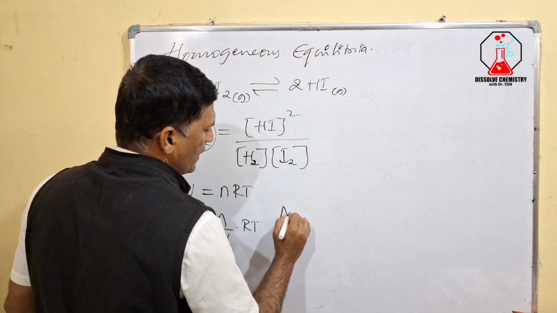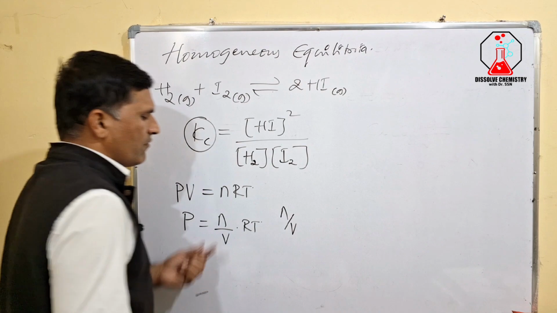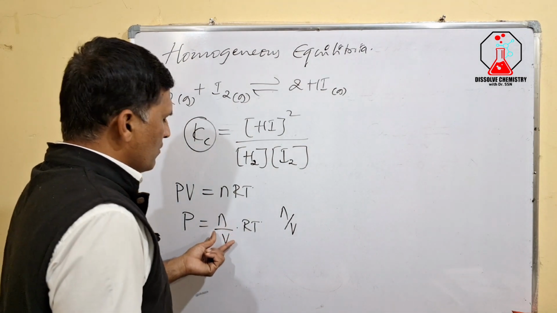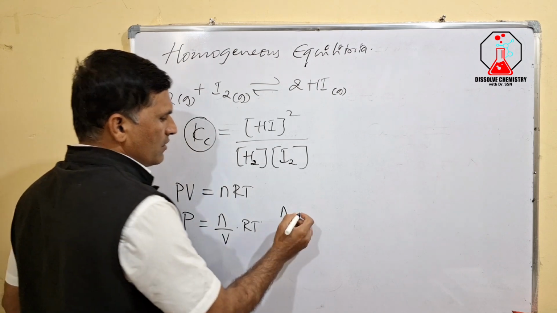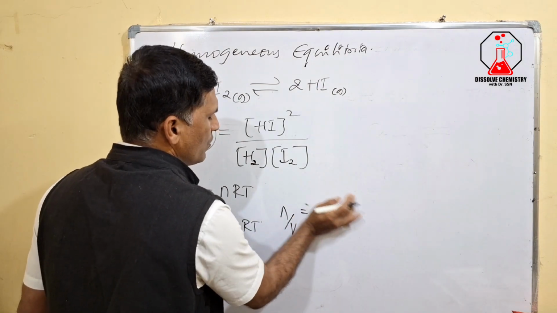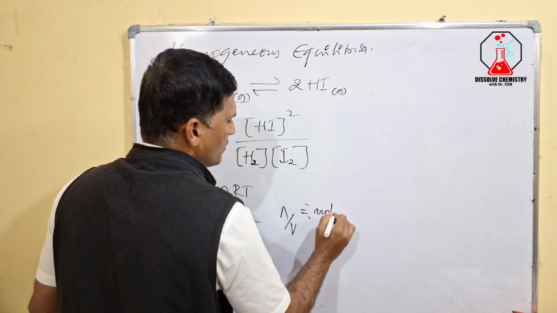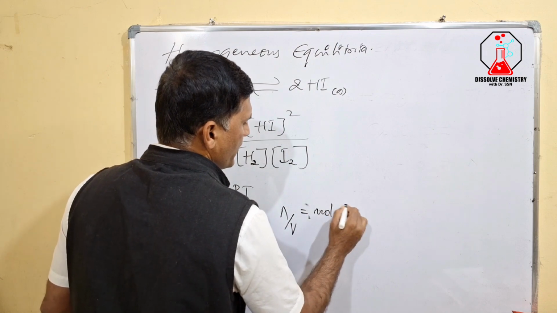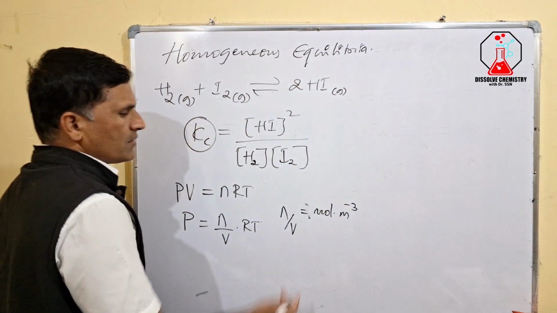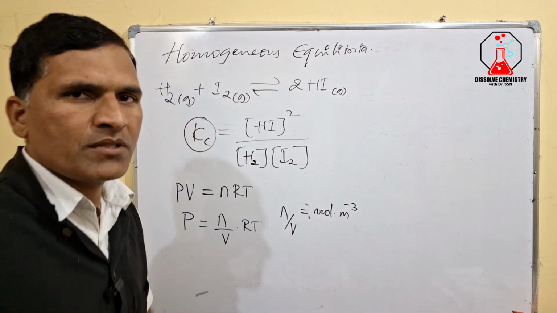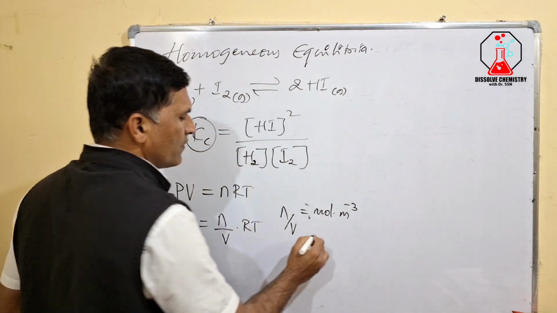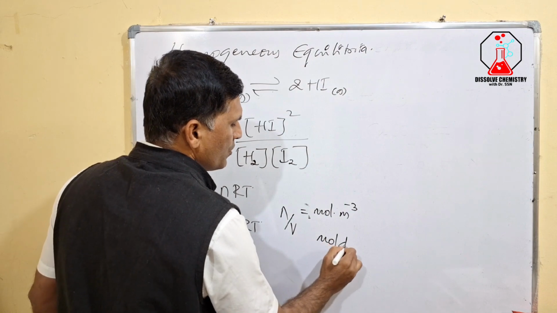And we know that n by V, the number of moles of solute per volume of solution, is concentration, in moles per cubic meter. For practical purposes, we express that in terms of mole per dm cube.